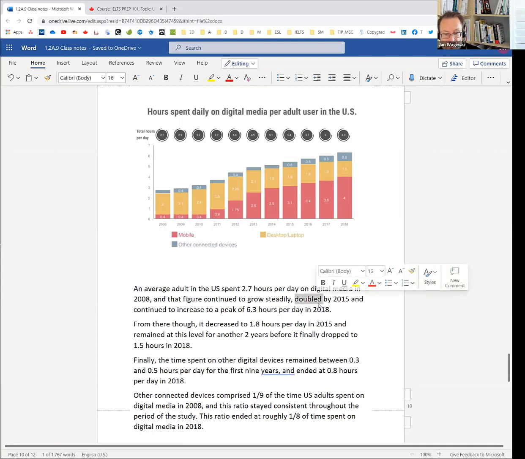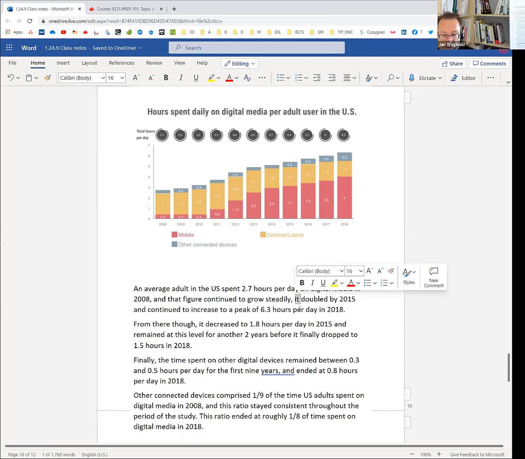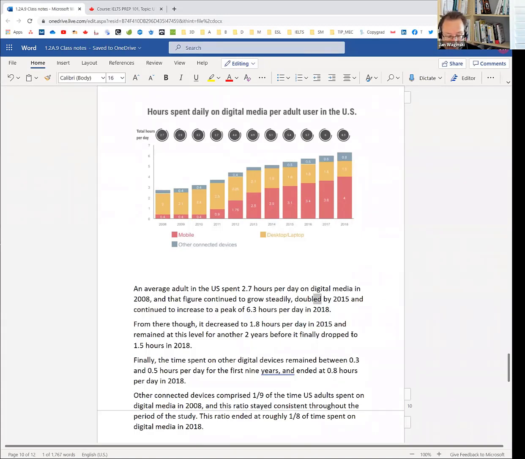So is this active voice or passive voice? We have it doubled. Is that active or passive? It's active. Right? Yes, it's active voice, so we have to change it into the active participle. Passive. Yeah, it's passive now. Doubled. So we have to keep it active.